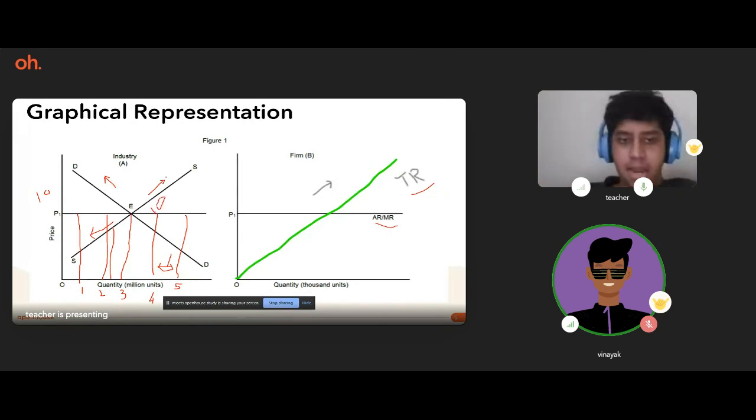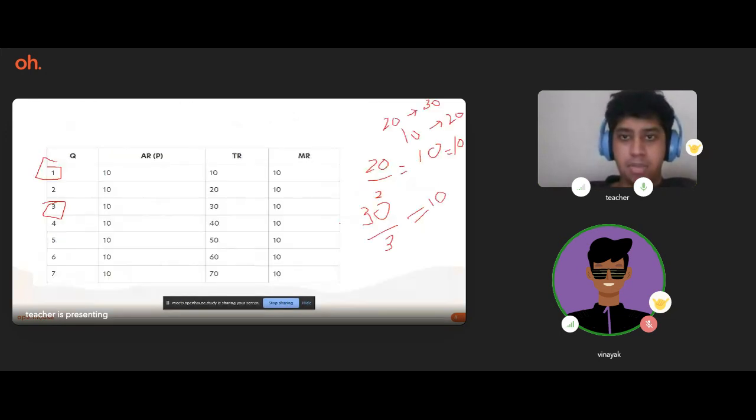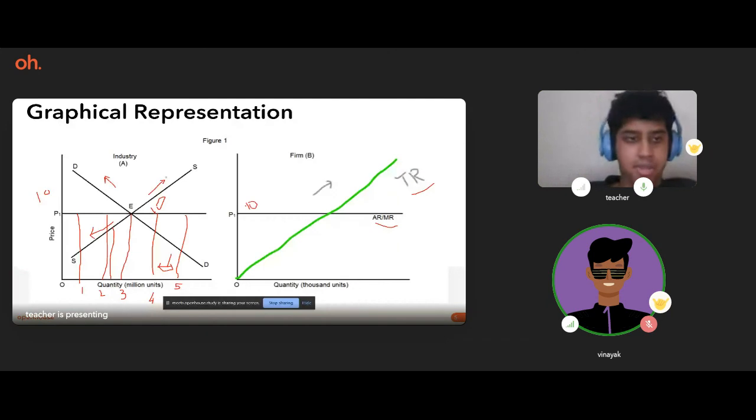With every unit increase, the price is staying fixed, because of which, as we saw in the previous example, AR and MR stay fixed at 10. They do not change. But because TR is going up constantly, it will keep on going up on its own.